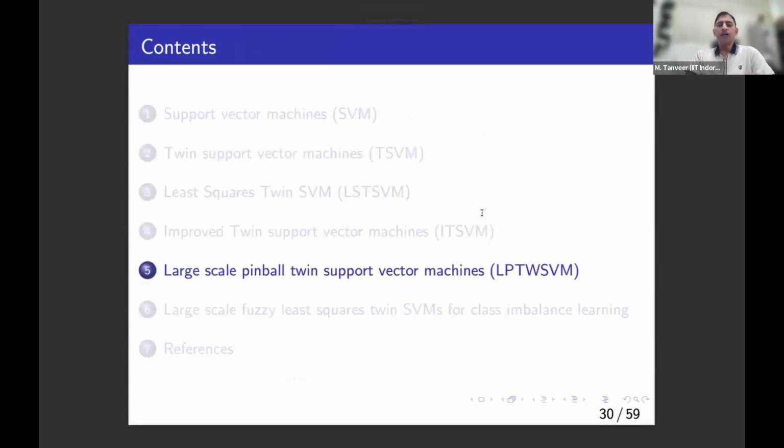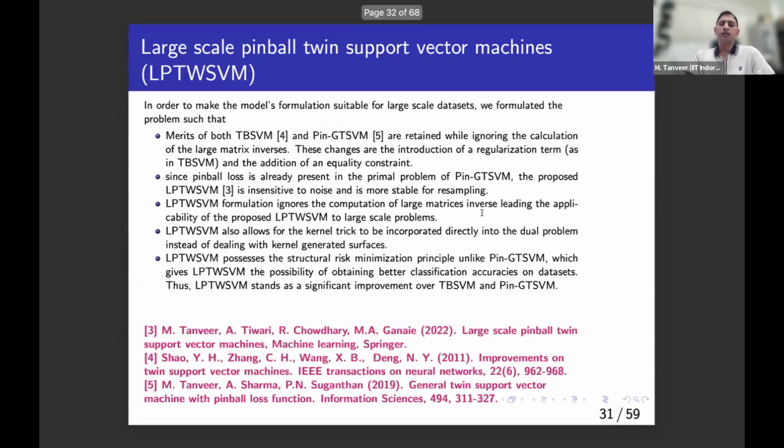So let me now move forward to discuss another algorithm called large scale pinball twin support vector machines. Let me first discuss some background. In order to make the model formulation suitable for large scale data, we formulated the problem in this manner.